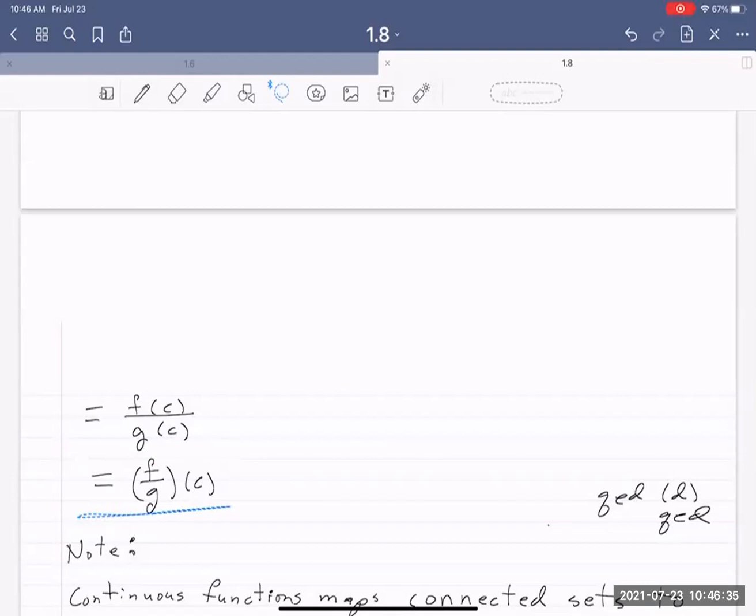And that's what we wanted to show. And so each of these are easy consequences of what we proved in section 1.7.